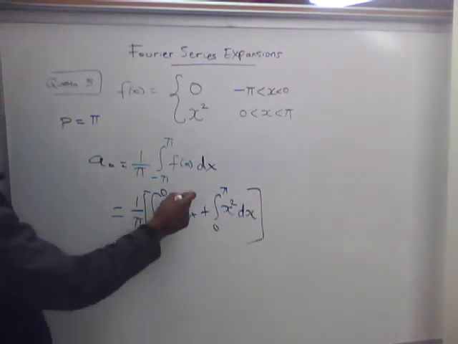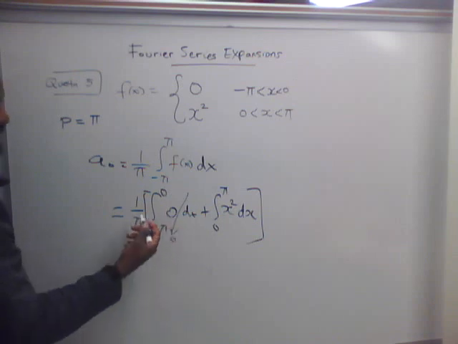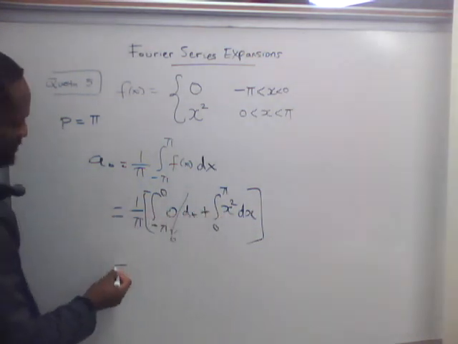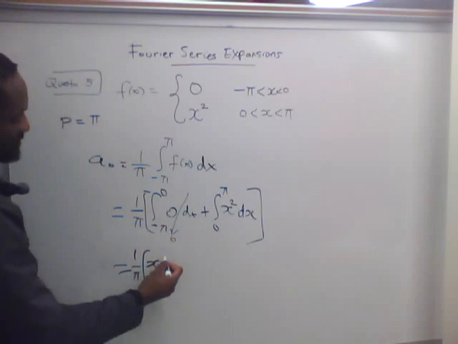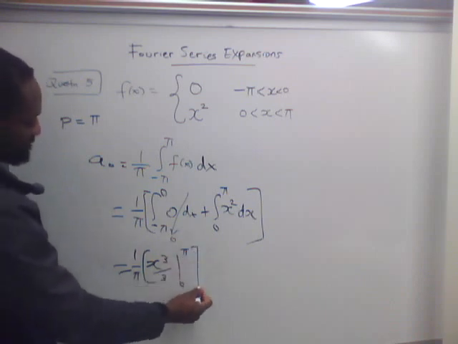Okay, this obviously goes to 0 because it's a constant when you integrate. And this one goes to x cubed over 3. There's still a 1 over pi outside. X cubed over 3 going from 0 to pi.